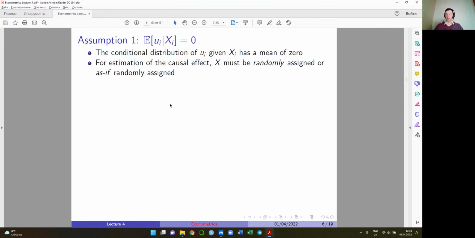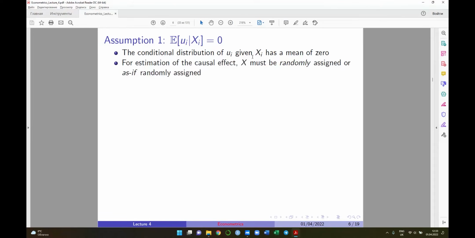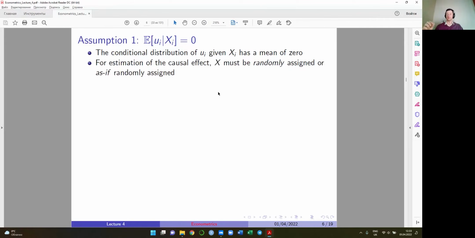We are not making these experiments, but definitely these natural disasters happen as if random. So therefore, we usually try to look for some x that is not randomly assigned, but probably as if randomly assigned. We'll talk about this a bit more in the future.